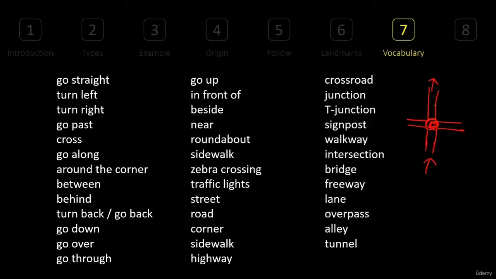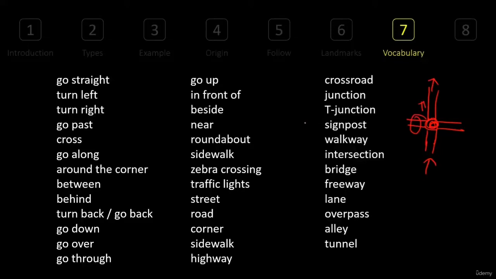But this is not how instructions are provided. They'll say, at the roundabout, take the second exit. So this is the first exit, this is the second exit. This is how Google Maps gives instructions. But because we never use these instructions in everyday life, we don't understand them in the audio and we get stuck. It's important to understand these kinds of words while going through this kind of question.